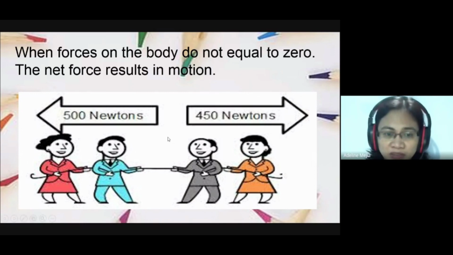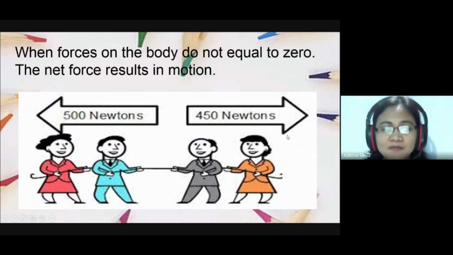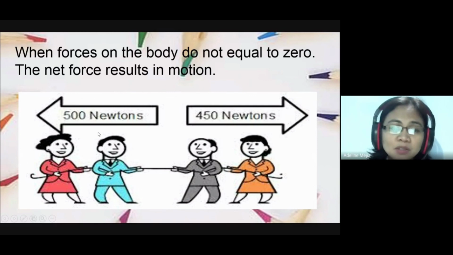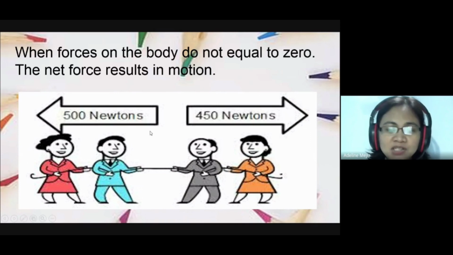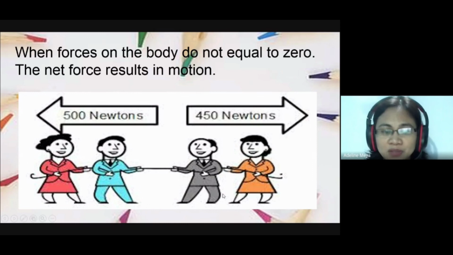So in what direction will the rope move? Will it move to the left or will it move to the right? Very good. It will move to the left since they are giving 500 newtons, which is greater than the 450 newtons on the right side.